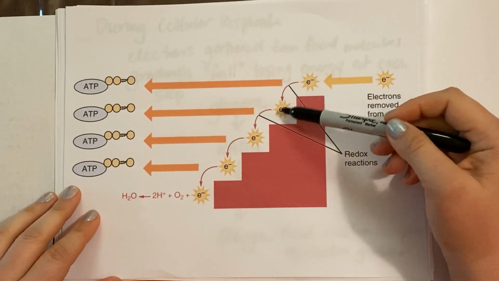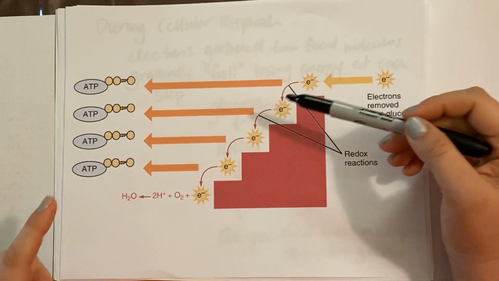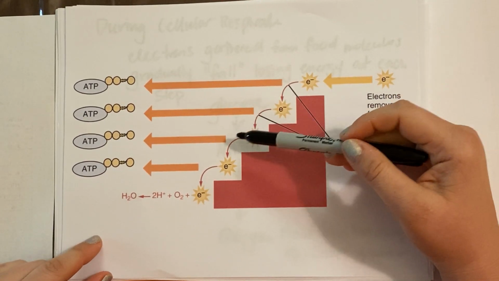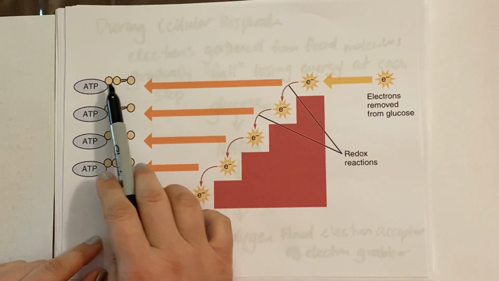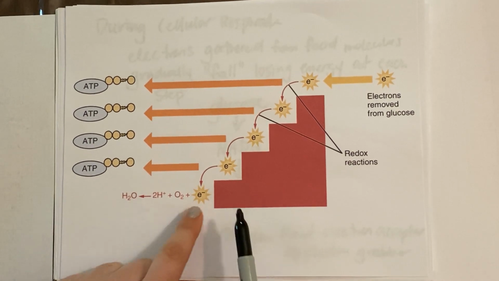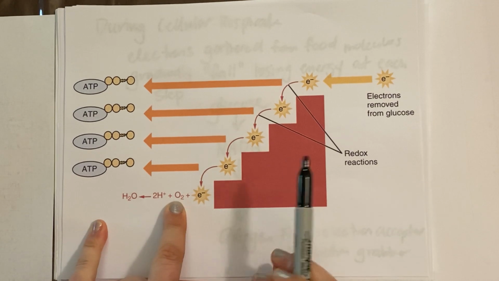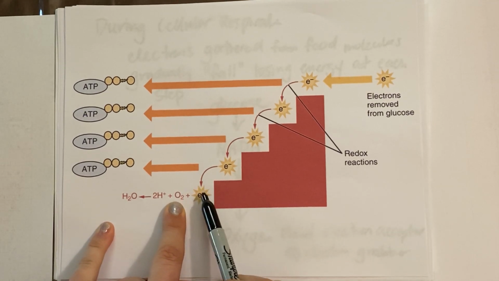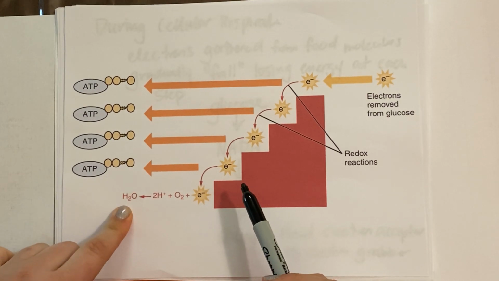They go through redox reactions where you take them off one molecule and put them on another, and they continue to fall. At each step that they fall, they release energy to make ATP. The final place they end up, attracted to it, is oxygen, and when oxygen comes into contact with these electrons, it forms H2O.